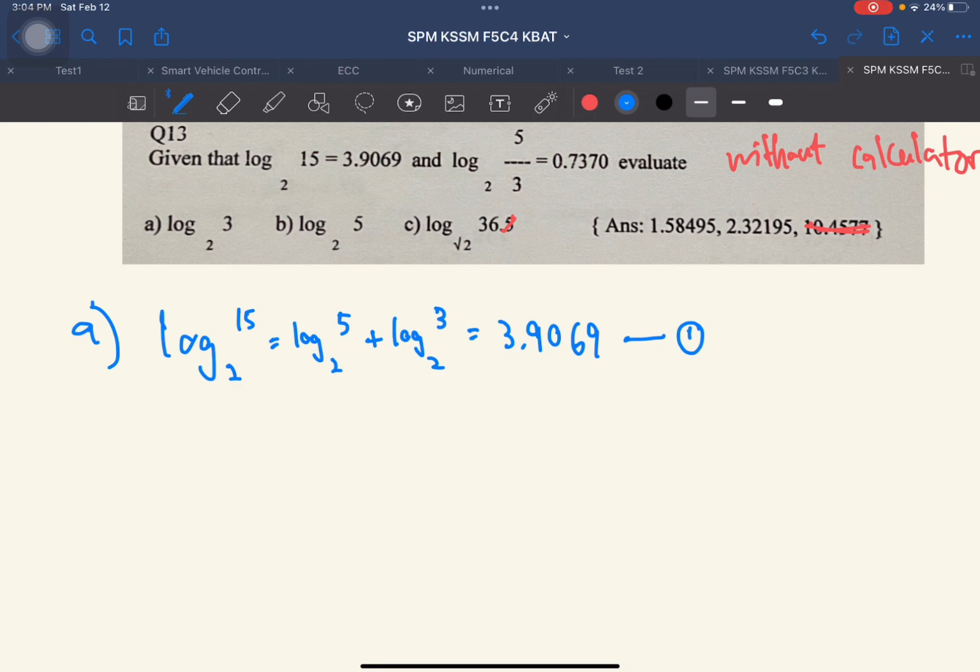and then you know log 5 over 3 base 2 equals log 5 base 2 minus log 3 base 2, not plus, this is minus since this is divide, right? Equals 0.7370.